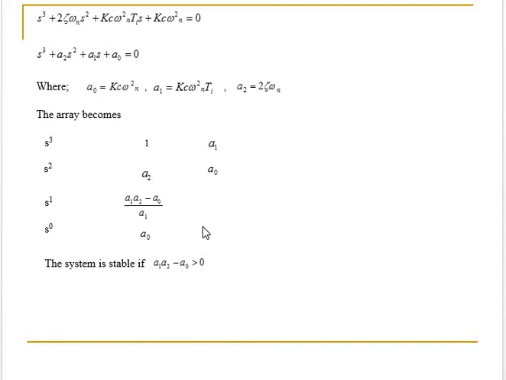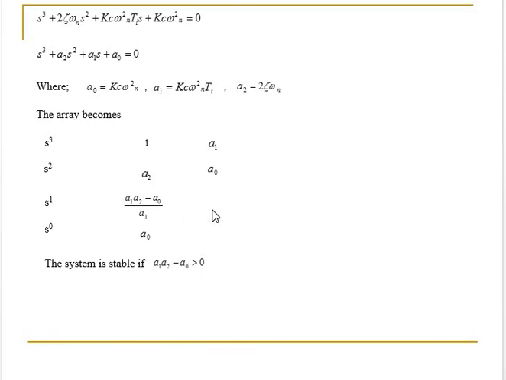After you calculate these two lines from this formula, and then here and here, we determine it.